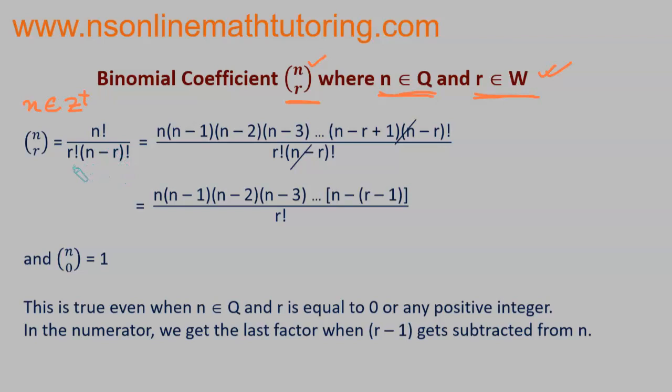But if r is not equal to 0, then between n and n minus r, n will be the larger number, and we always express the larger number's factorial in terms of the smaller number's factorial. Therefore, we will be expressing n factorial in terms of n minus r factorial. So, the denominator will remain the same, r factorial times n minus r whole factorial. But the numerator becomes this, n times n minus 1.